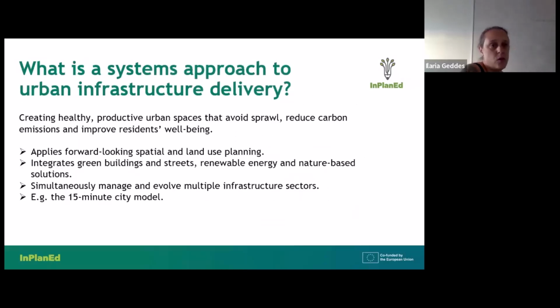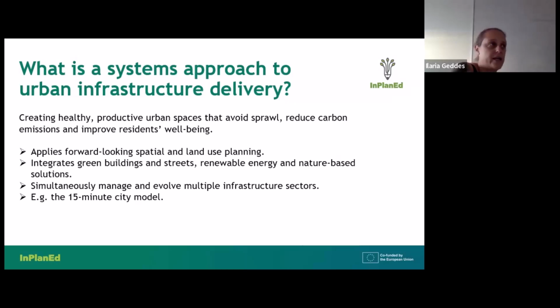So what is a systems approach to urban infrastructure delivery? It's about creating healthy and productive urban spaces that avoid sprawl, reduce carbon emissions, and improve residents' well-being. This material is from a report by the World Economic Forum, which is on the list of your supporting materials.